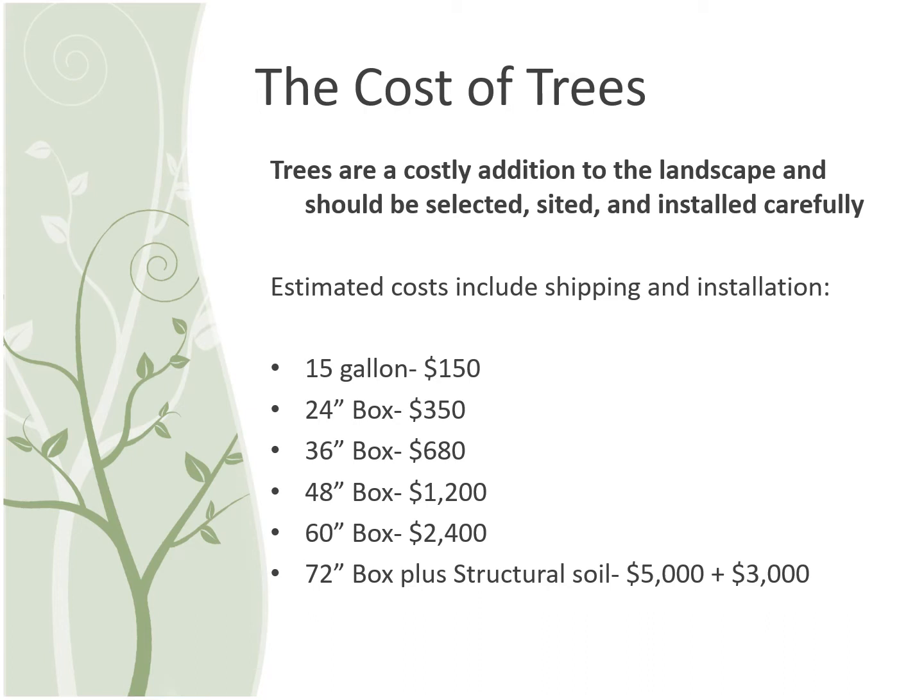All of these include shipping it to the site and installing it with bubblers or some form of irrigation, professionally installed. So you can see as the tree size goes up, the price goes up pretty quickly. So a 24-inch box might be $350 a tree, a 36-inch box might be $680 a tree, and it goes up and up depending on the box size that you choose.